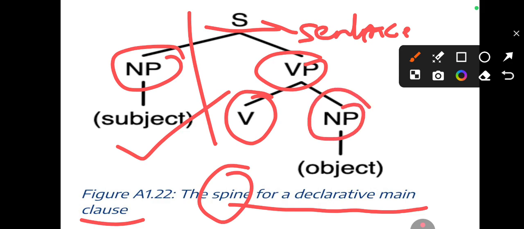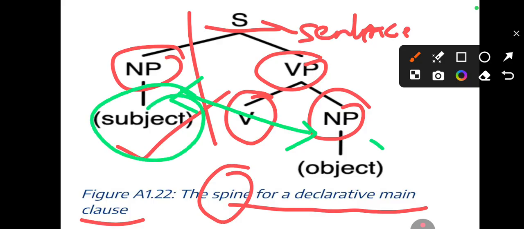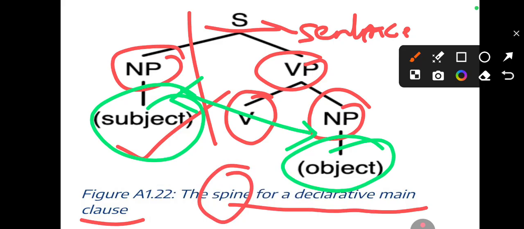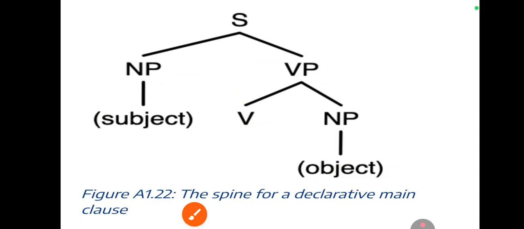But the difference between both noun phrases is that this noun phrase is subject and this noun phrase is object, because this noun phrase comes on the left hand side of the verb and this is the right hand side of the verb, and this is doer and this is receiver, as we have discussed earlier. So this way this spine is made.